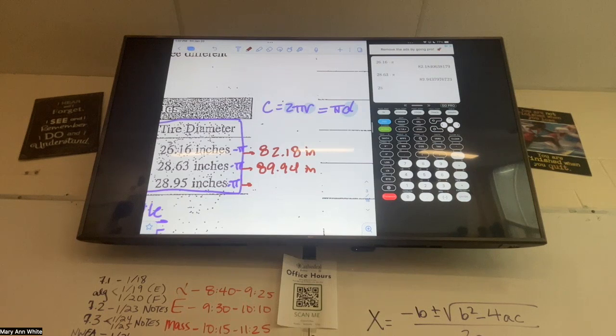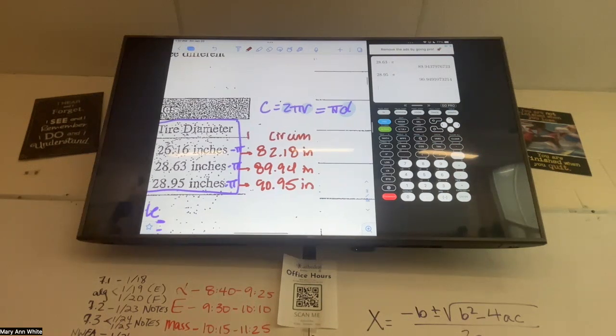And then last 28.95 times pi is 90.95 inches. This is all circumference, which we know is equal to 1 revolution. We okay with that so far? And I'm moving quick, but I figure you can multiply numbers by pi.